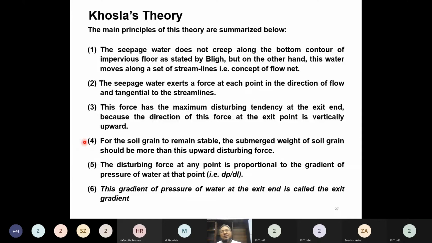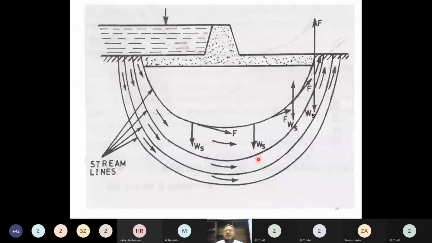So now what he is explaining is how this soil particle will or will not move. He says, number 4, for the soil grain to remain stable, the submerged weight of the soil grain should be more than the upward seepage force, which is the disturbing force. Why submerged?